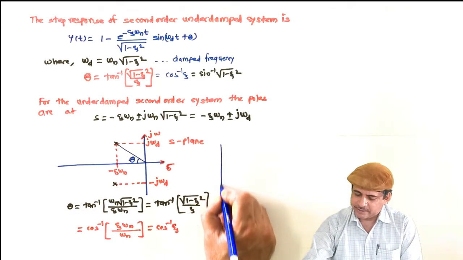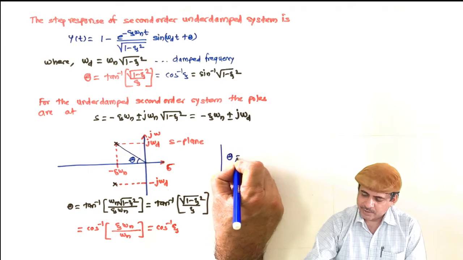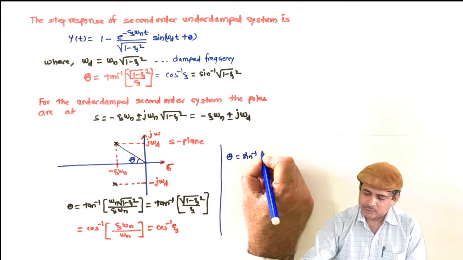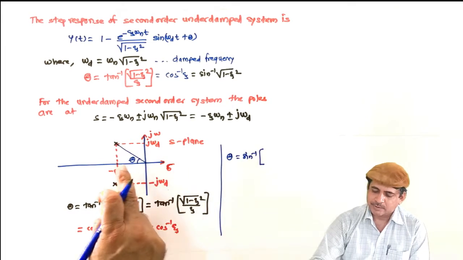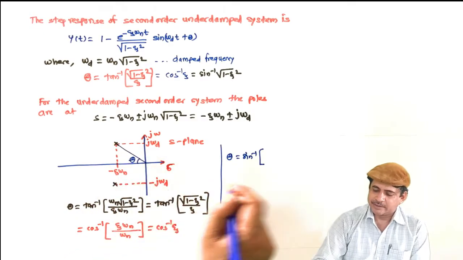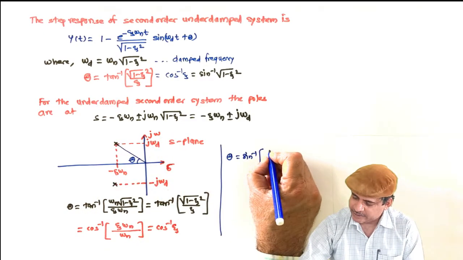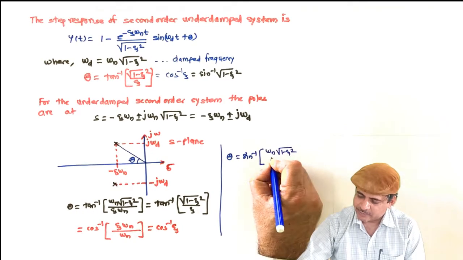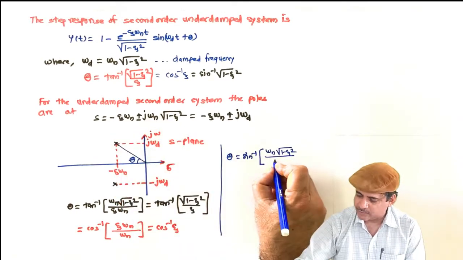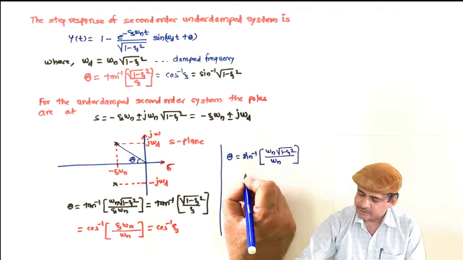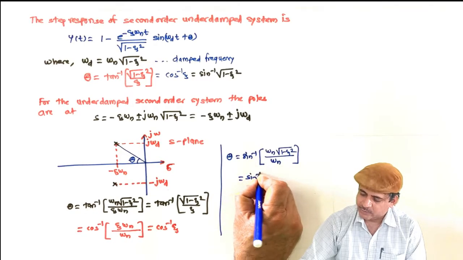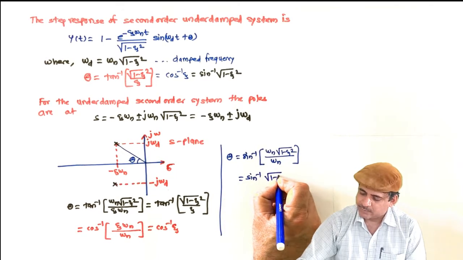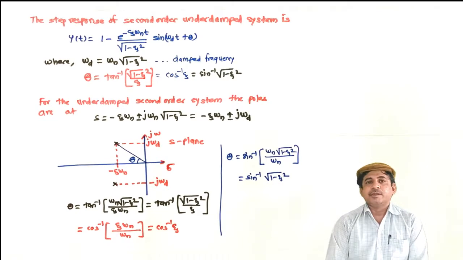Also the same can be written as theta is equal to sin inverse of this divided by this, so this is j omega d, it's omega n under root 1 minus zeta square divided by this hypotenuse, which is omega n, so it is equal to sin inverse of under root 1 minus zeta square.